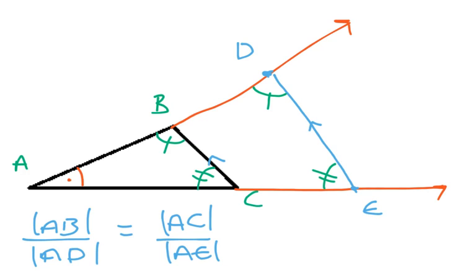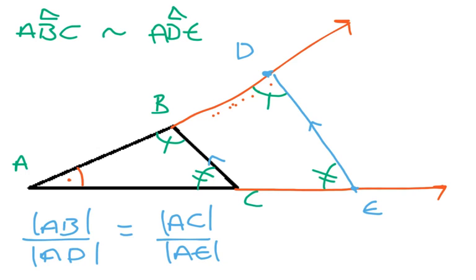And if we've got triangles with congruent angles and proportional sides, then that means that we've got 2 similar triangles. ABC triangle must be similar to ADE.